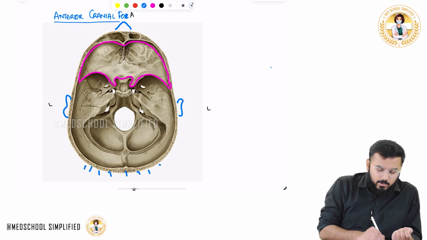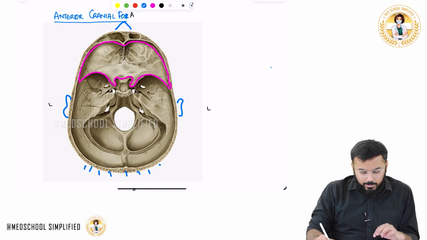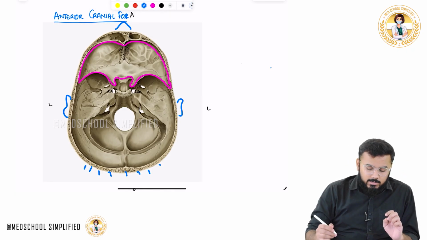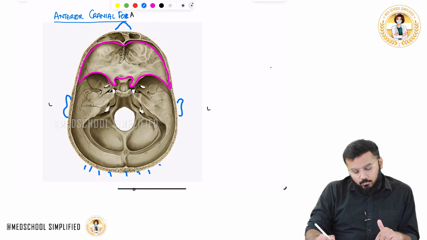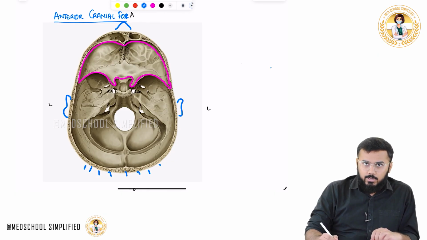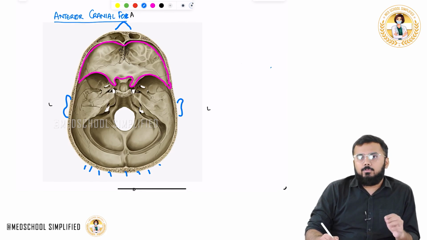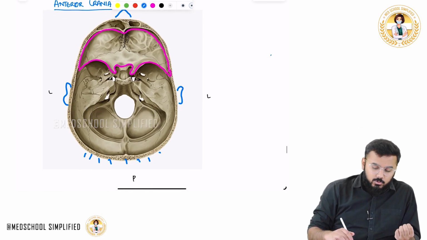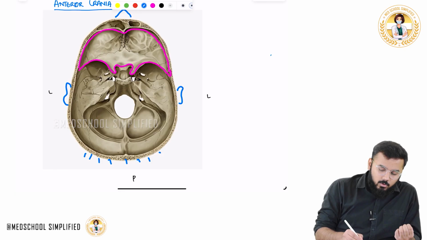Now let us see what the different borders are. Basically in this anterior cranial fossa we have three borders. What are these three borders, guys?